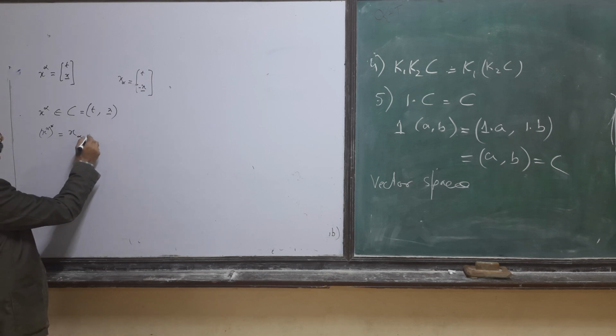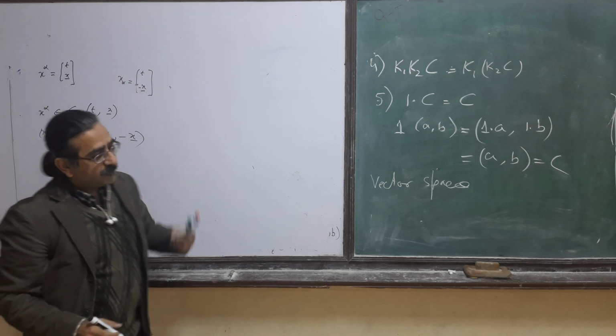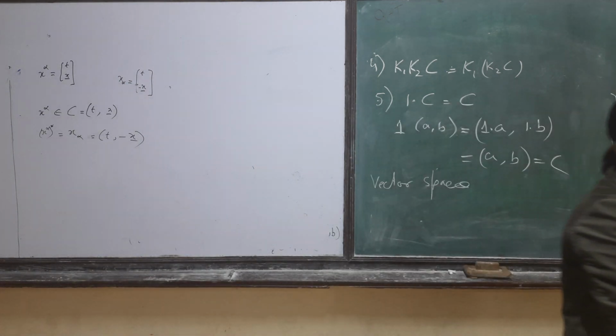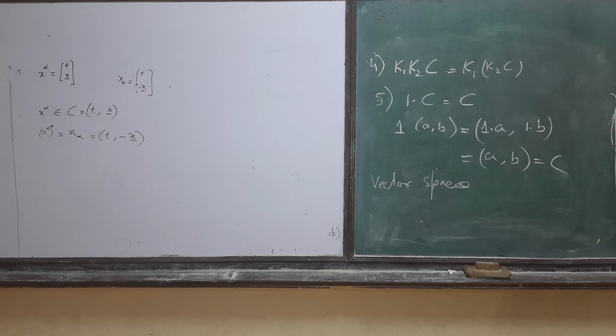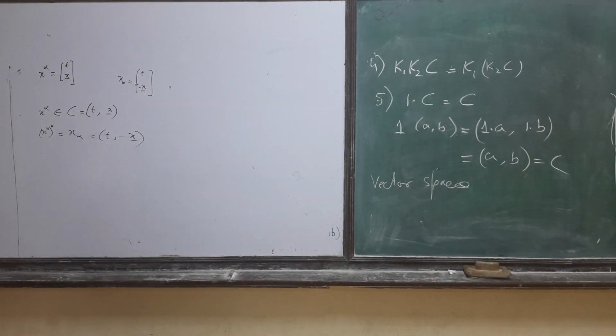This will be equal to t minus x, as we have already explained. The rules of addition and multiplication are the same, so this also makes a vector space, because it is also a vector.